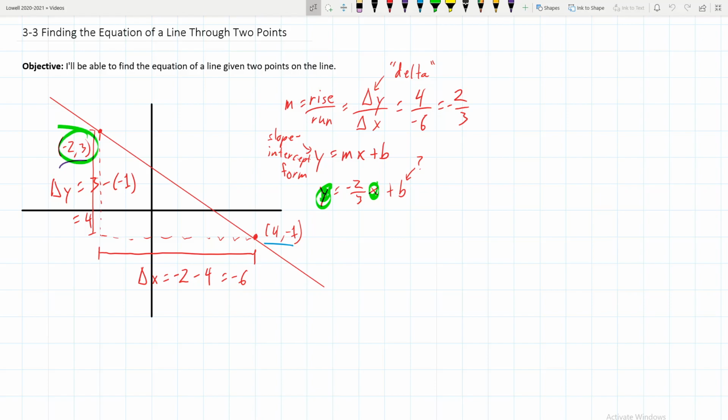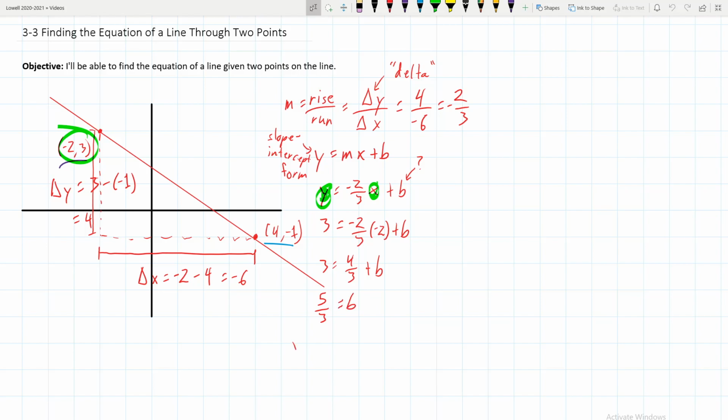Once I plug that in, y equals 3 in this point. So that's going to be 3 equals -2/3 times -2 plus b. Let's see, that'll be 3 equals +4/3 plus b. And if I subtract 4/3 from both sides, I believe I'll end up with 5/3, or 1 2/3, equals b.